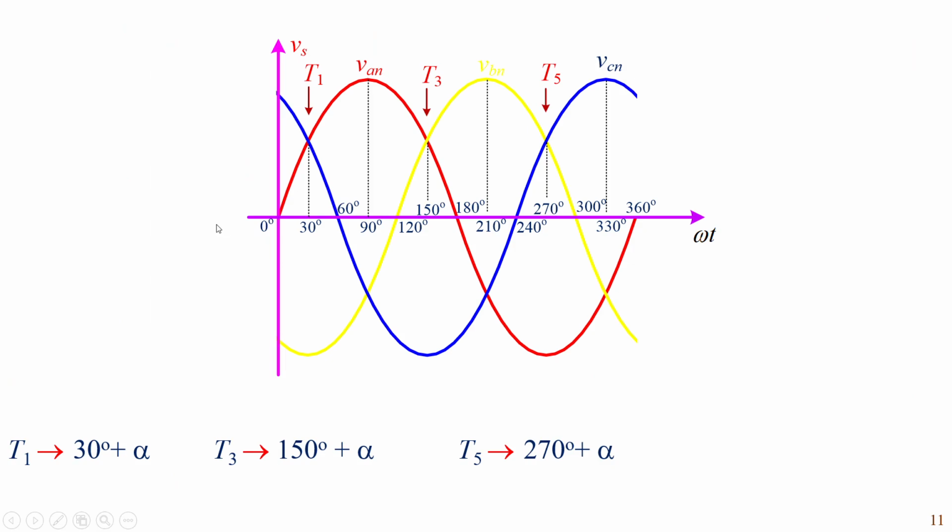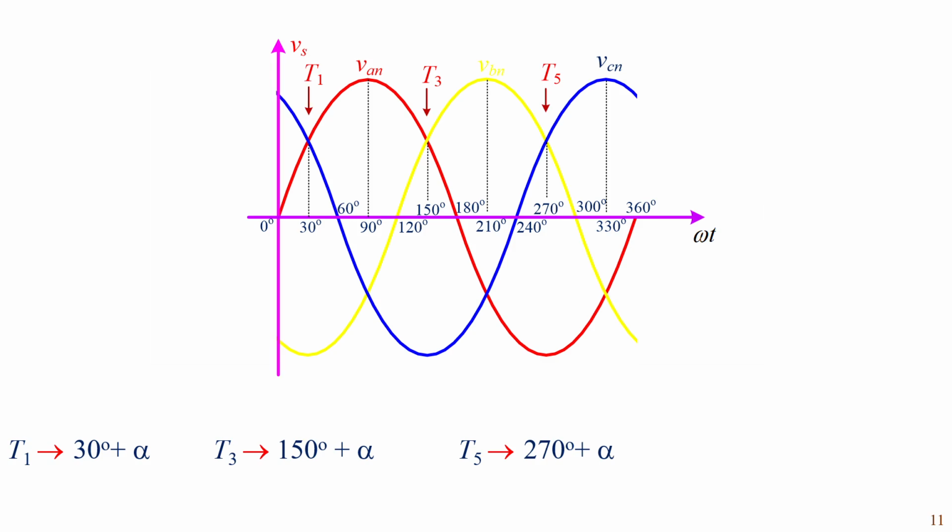If you look at the waveforms, till omega t equals to 30 degrees, the voltage of phase C is more positive. Hence, thyristor T1 is reverse biased. For T1, the voltage of A phase is more positive from omega t equals to 30 degrees.